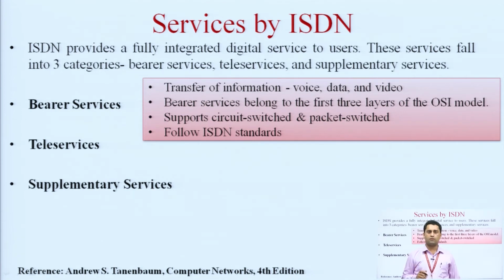All the services of ISDN are categorized into three main categories. If you write them point by point, there are many services, but if you categorize them, there are three categories. Category number 1 is the bearer service, then tele service and supplementary service. We will discuss these three services one by one.